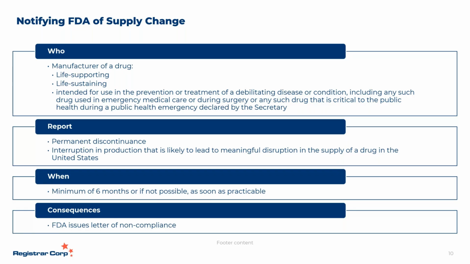Otherwise, it must be reported as soon as it is practicable, as there can be cases of interruptions, such as catastrophic events. These are not planned. So those sometimes have an immediate impact that will be sooner than 6 months. If a company does not inform the agency, FDA can issue a letter of noncompliance, a warning letter.